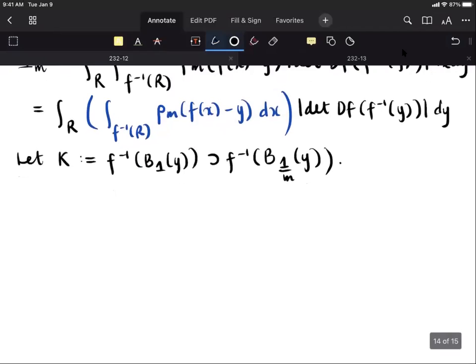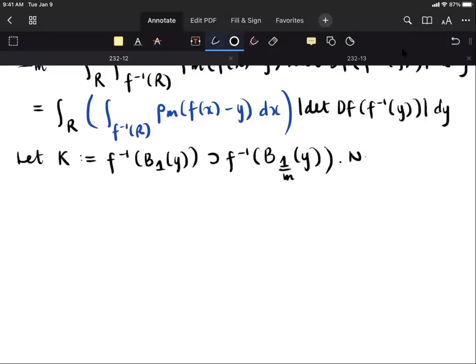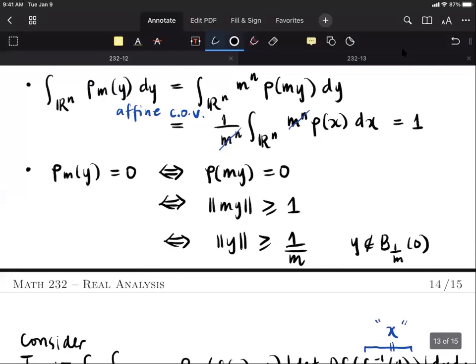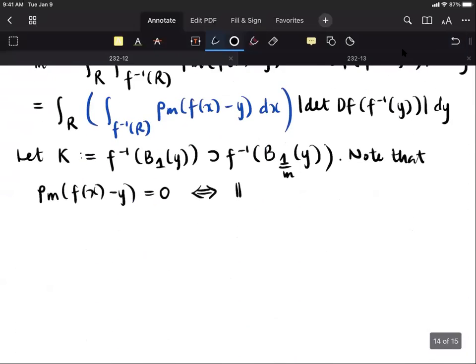Okay, so take note that if we look at the integrand, this is 0 if and only if, as we said here, f of x, the argument of rho m, so the distance between f of x and y is greater or equal to 1 over m.